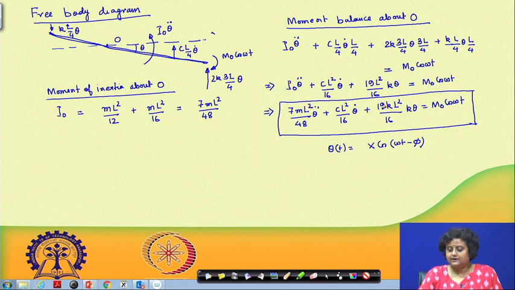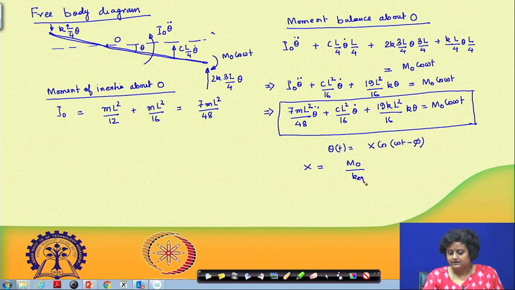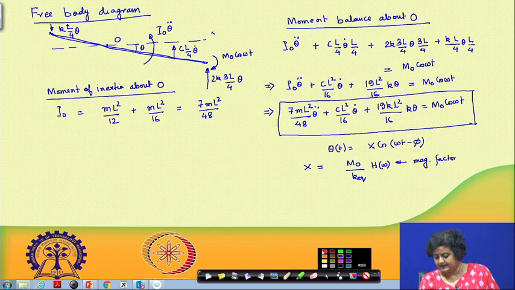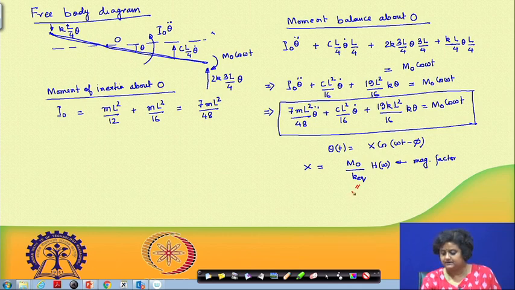So, if we solve for X, X can be obtained as M0, which is the amplitude of the applied moment, by the equivalent stiffness into H(omega), where H(omega) is the magnification factor. And k equivalent in this case is nothing but 19 k L² by 60.